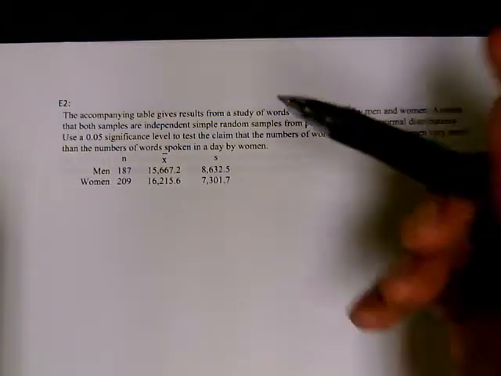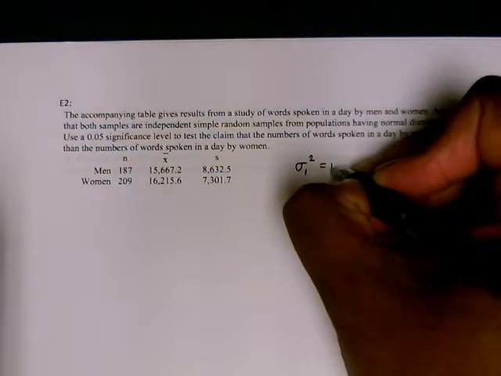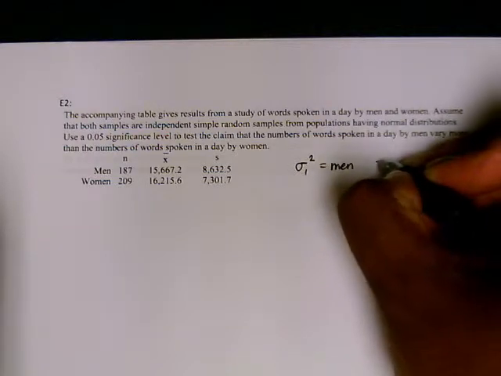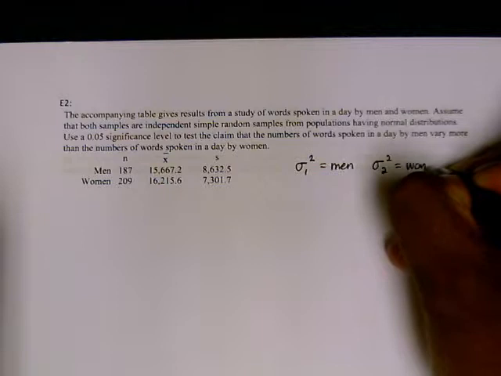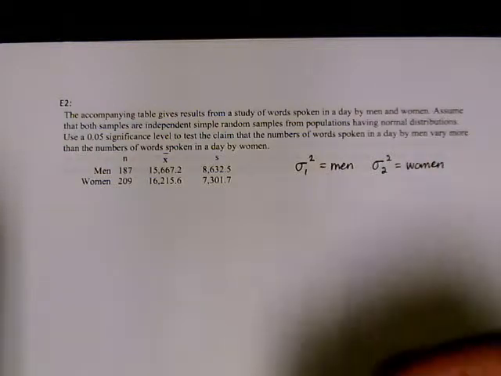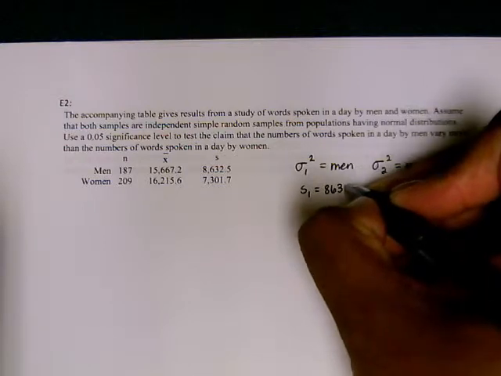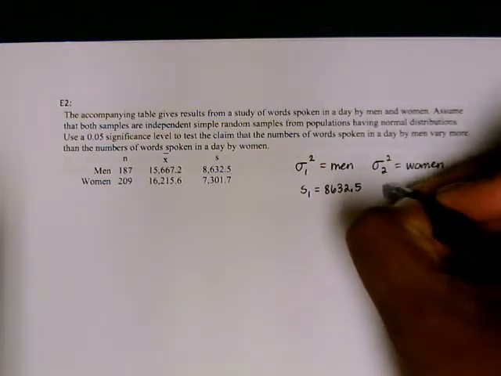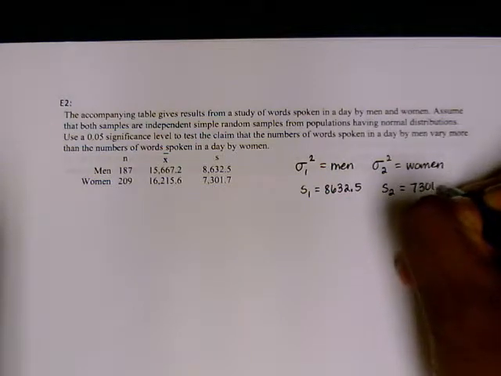So when I'm dealing with the population standard deviation, sigma 1 squared, or the population variance, would be for men. Sigma 2 squared would be the population of women. I'm letting S1 be the 8632.5 and S2 be 7301.7.